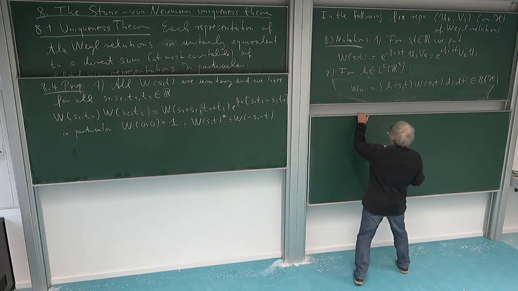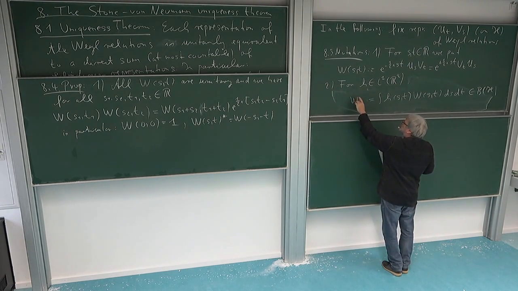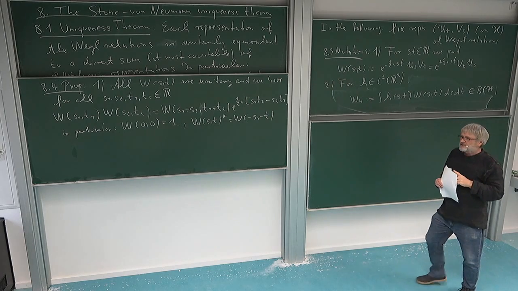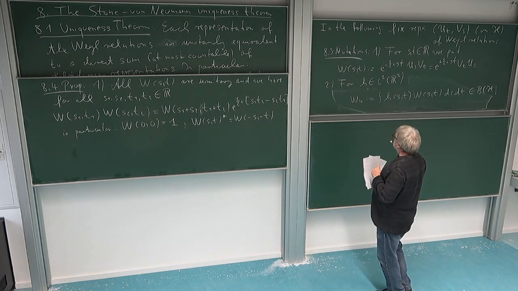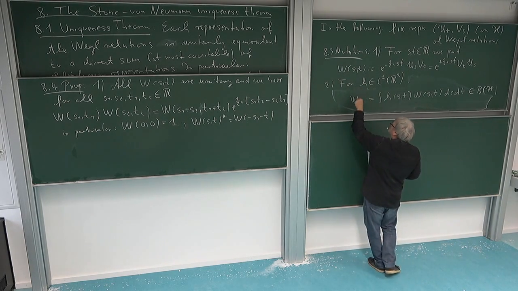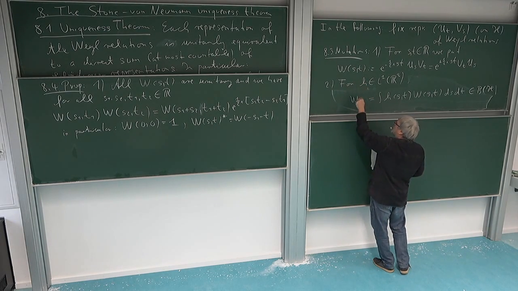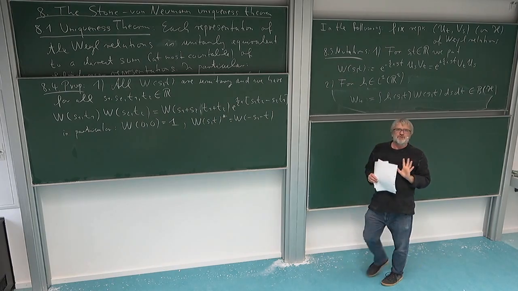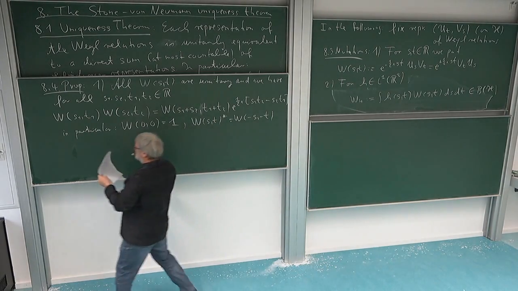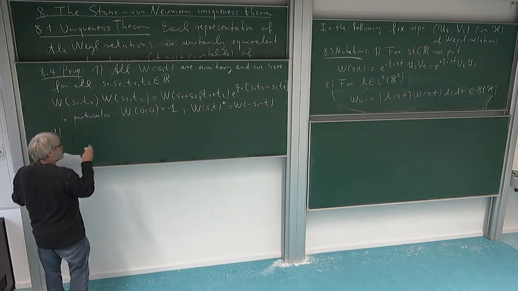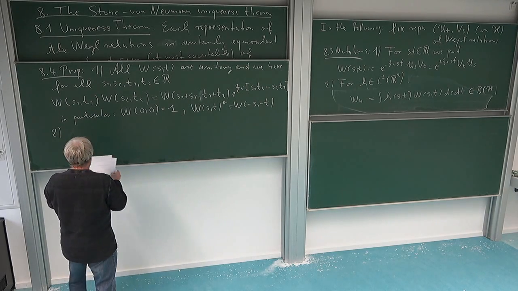Then we have to understand also better what the W(h) for integrable functions is, and in particular it will be important that the mapping from h to W(h) is an injective mapping. So if h is different from 0, then this operator will not be the 0 operator. That's maybe the most important and most non-trivial statement I'm going to make here.